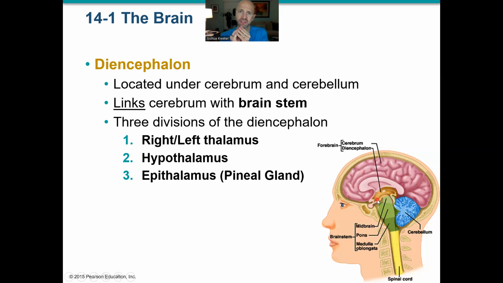The hypothalamus is a collection of nuclei, a collection of cell bodies that control and integrate brain function with endocrine function. That's what the hypothalamus does.